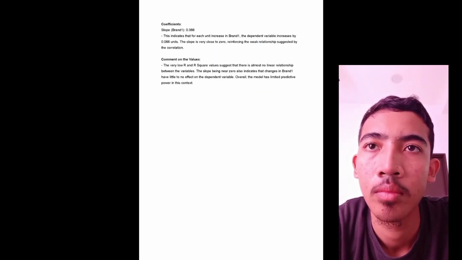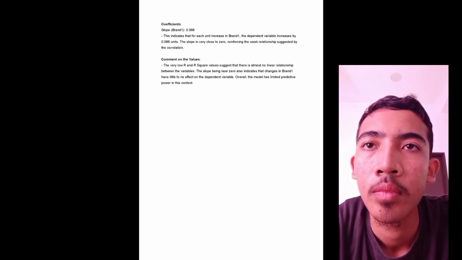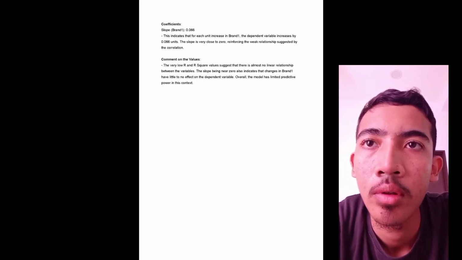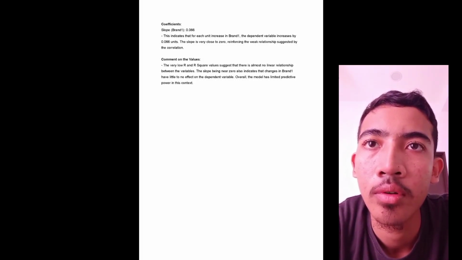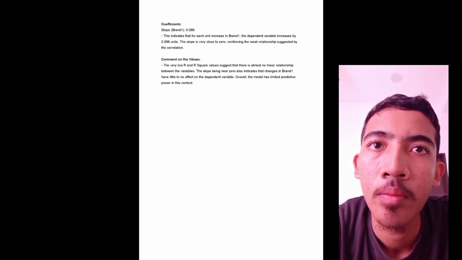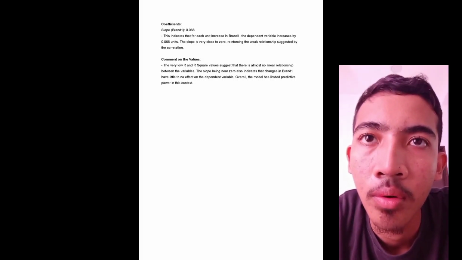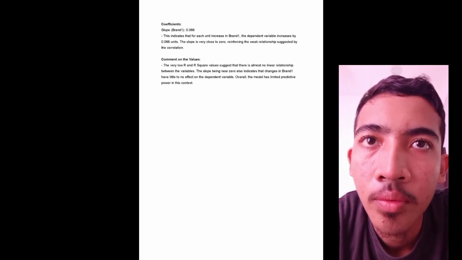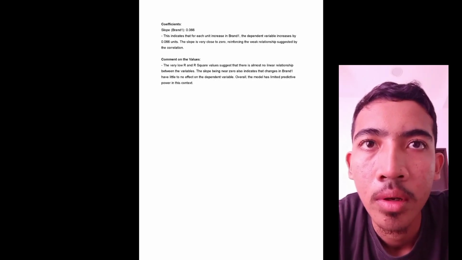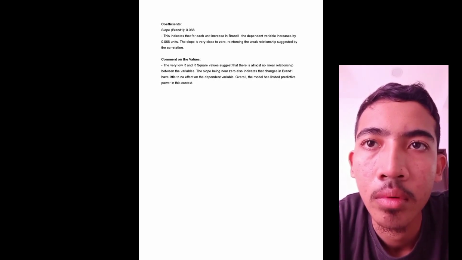Coefficient slope for brand 1 is 0.066. This indicates that for each unit increase in brand 1, the dependent variable increases by 0.066 units. The slope is very close to 0, reinforcing the weak relationship suggested by the correlation.